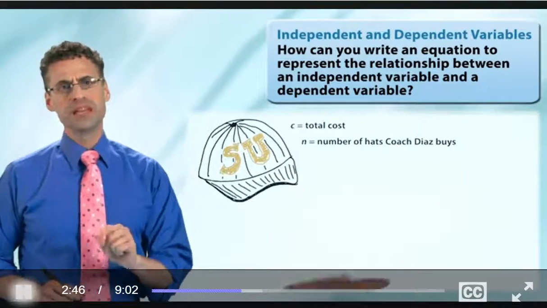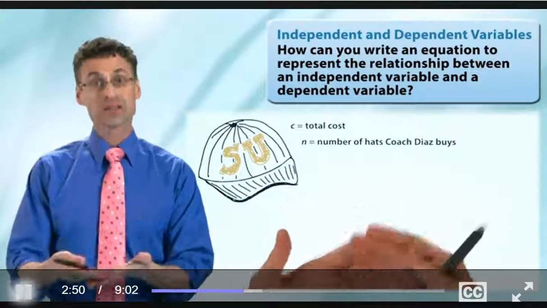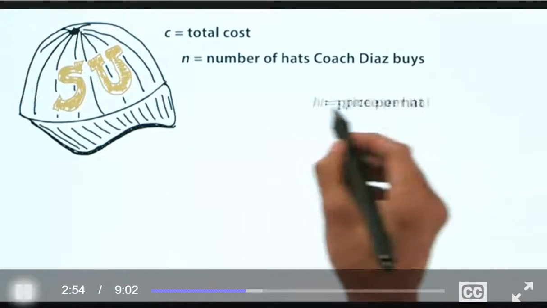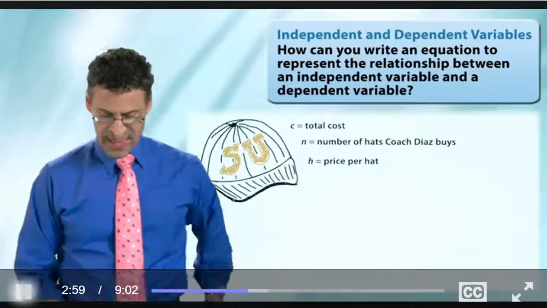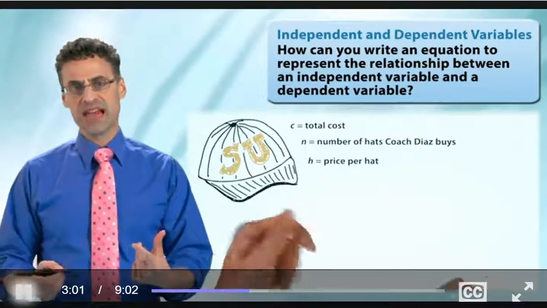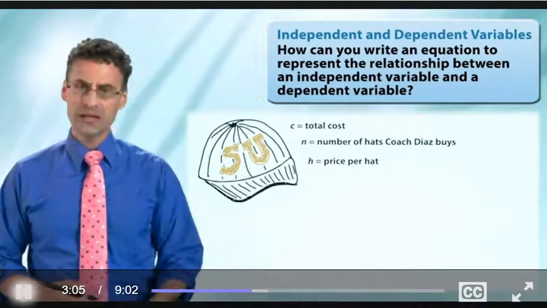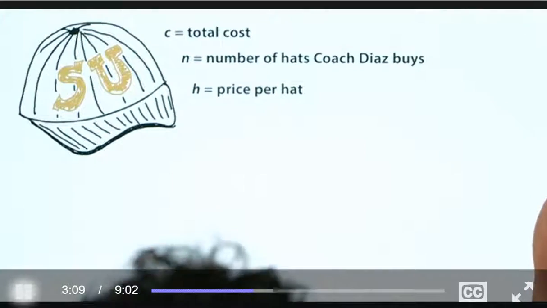H is going to be the cost that he has to pay per hat. Whatever the cost of the actual hat is, we're going to call that H. And then, once he buys the hat, we have to have the SU, in my case, sewn into it, and so that's going to be an additional charge per hat of $2.